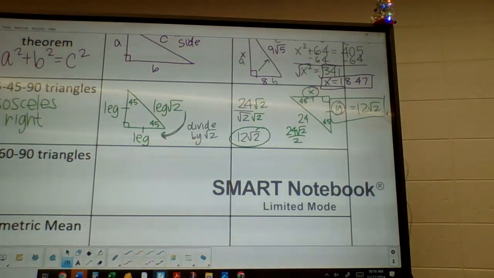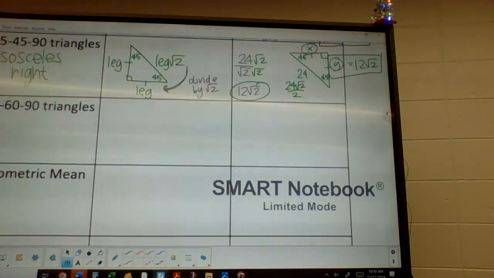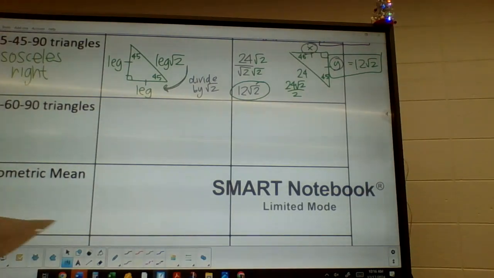Divided by the square root. Any questions on how to get that to work in your calculator or anything like that? Yeah, it's kind of picky about where the cursor is. Why are you using that one?